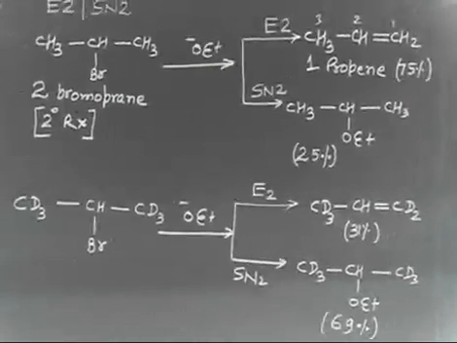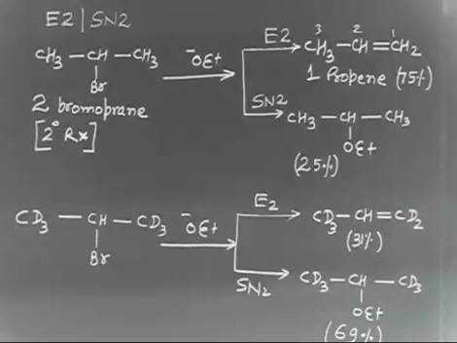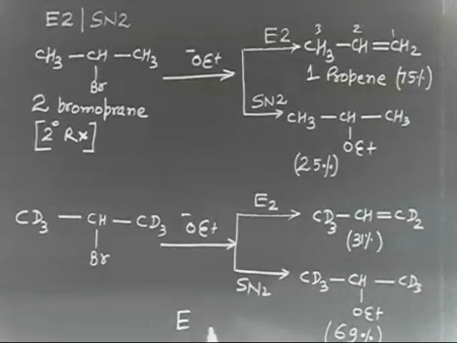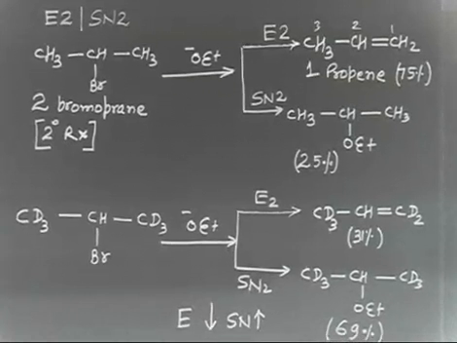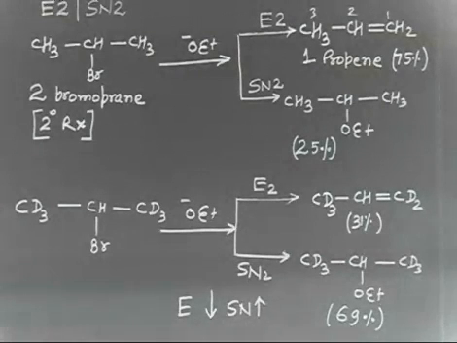Now you have to tell me what is the reason why this is happening. If I replace carbon hydrogen with deuterium, the substitution product increases but the elimination product decreases. This must have something to do with the carbon deuterium bond, because I am replacing it.